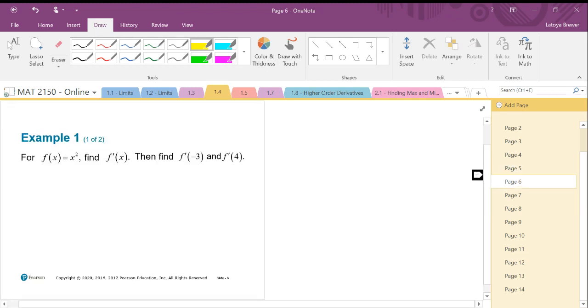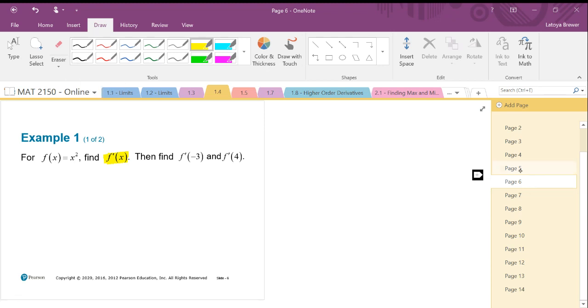So example 1, it wants us to find f prime, then find f prime of -3 and f prime of 4.